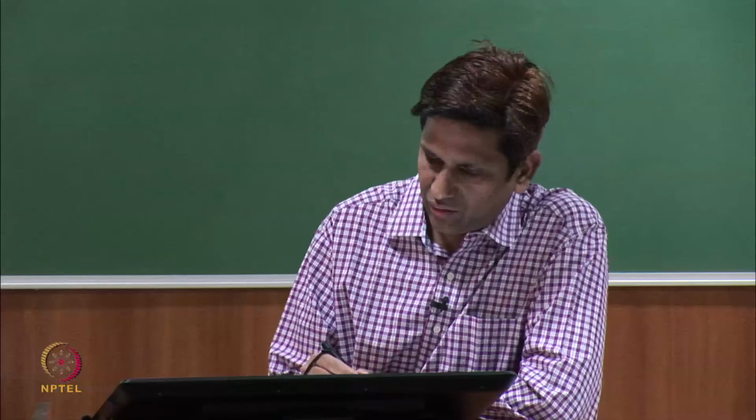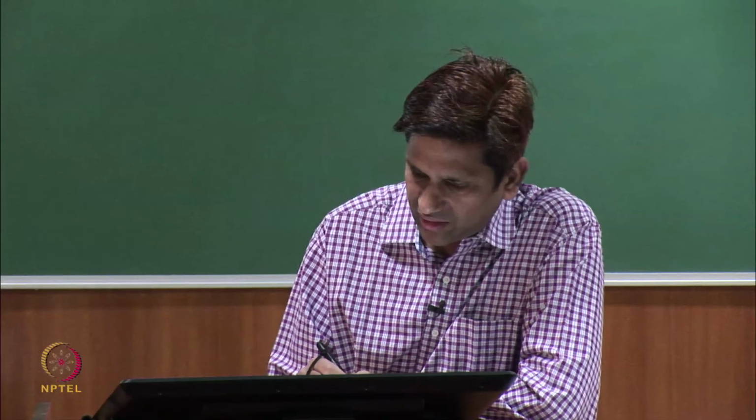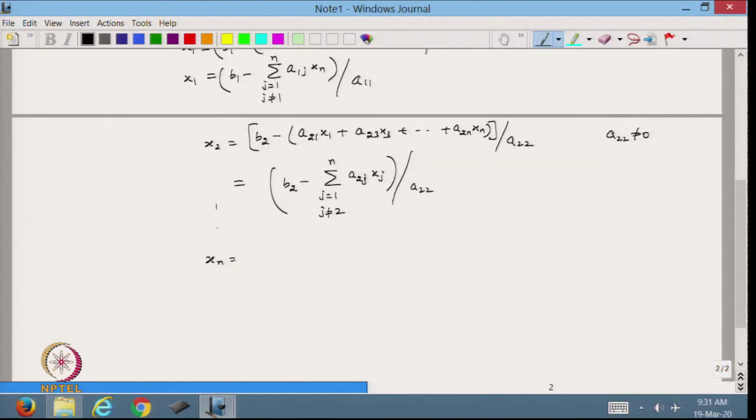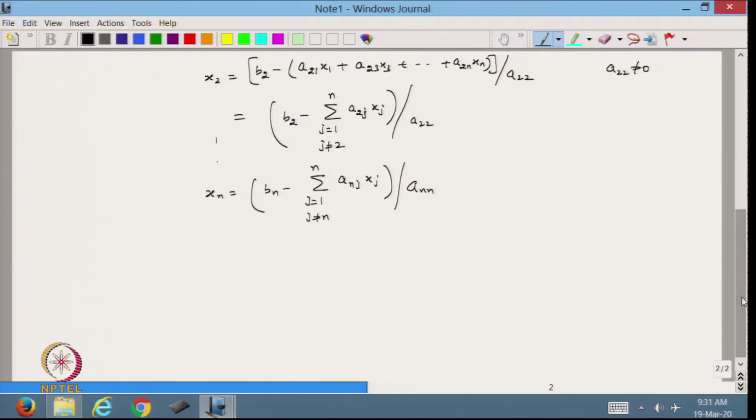The same way I can keep going, and in the last equation I can write xn as bn minus the summation of anj xj, where j is moving from 1 to n and j is not equal to n, and then I am dividing by ann. ann is not equal to 0.